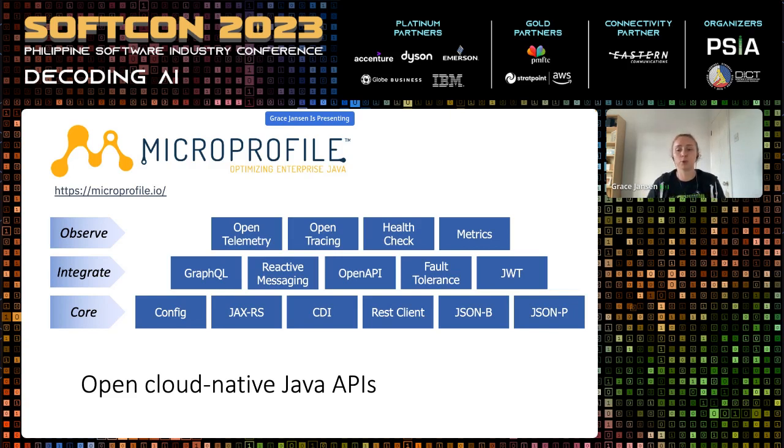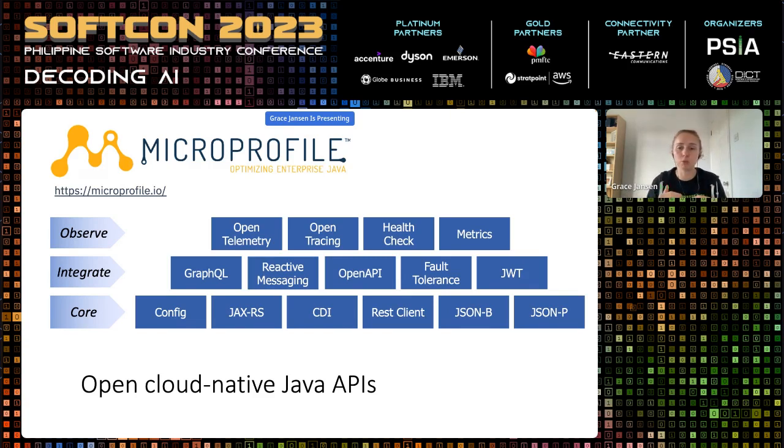MicroProfile is a community-driven specification. It's open source, and it really builds on top of Java as a language. It's built for people who might be building applications that utilize either Java EE or Jakarta EE, the open source version of Java EE.